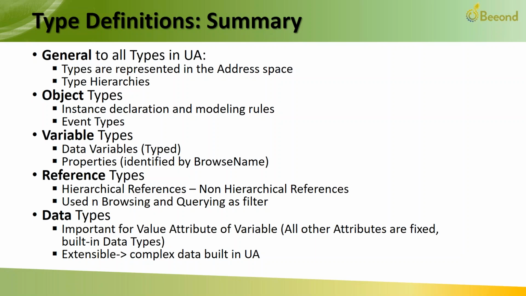Data types, of course, are those primitives that are important, for example, to identify or to qualify the value attribute of the variables. There, as other types in UA, they are extensible and they are used to create your complex structures in your own information model.